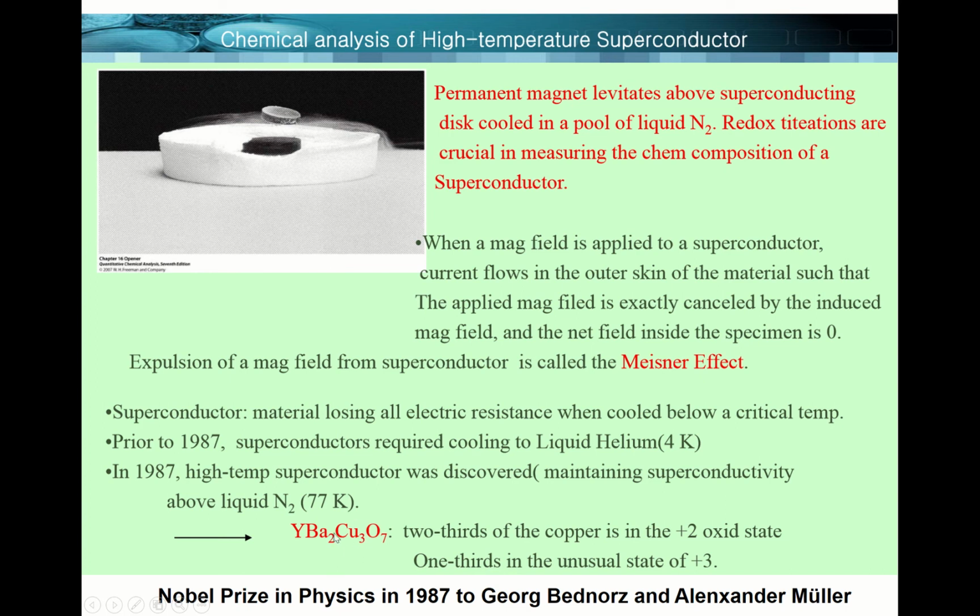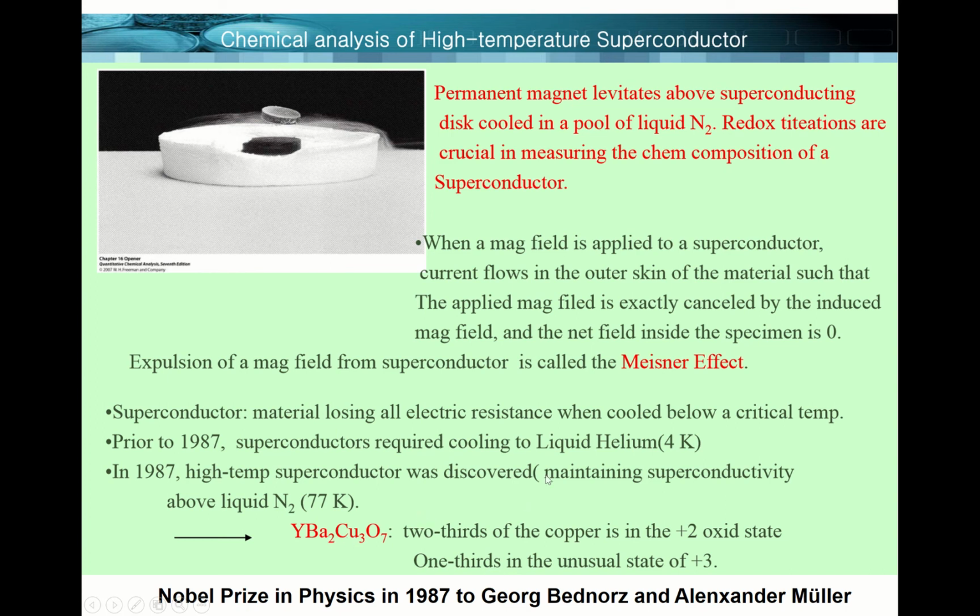It is very important, and it is not easy to determine the copper oxidation state precisely, but electrochemistry can do that. In our book there is an illustration of how this copper oxidation state is determined by electrochemistry.